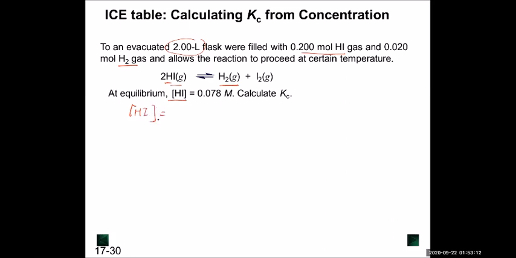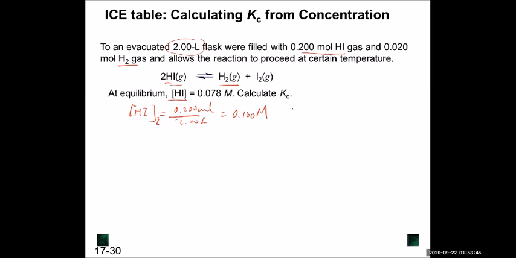HI in the beginning, so let's mark this as the initial, I. Before the reaction starts, we have 0.200 mole HI, and we have the volume 2.00 liters. So you use 0.200 divided by volume, and you get the molarity, 0.100, the initial concentration of HI.